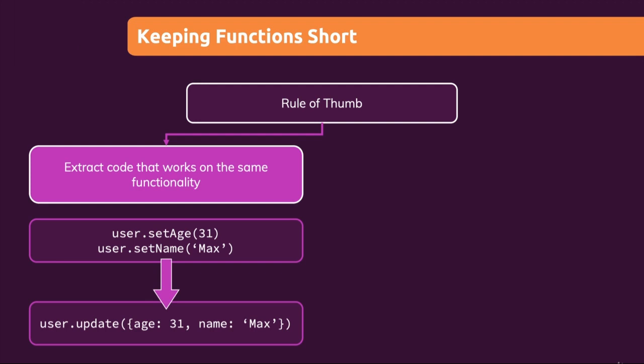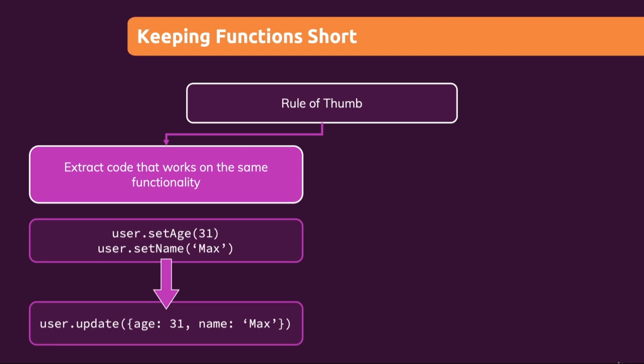So that in the original function, you now only have to call one other function, which then does the actual work of setting an age and a name. So whenever you have an opportunity like this to remove a block of code from one function and put it into another function, you could consider doing that.